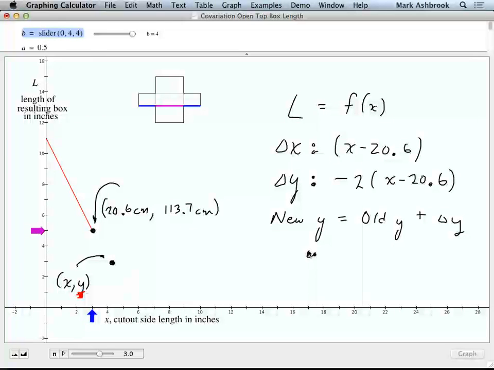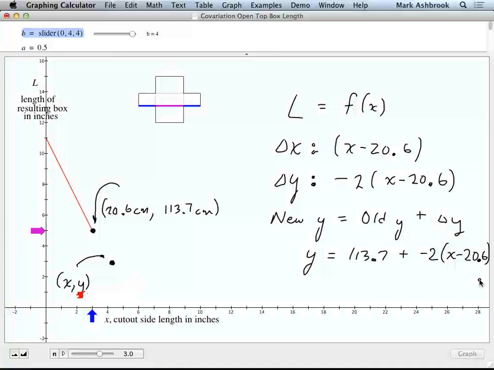This y right here equals, what's this? 113.7 plus -2 times. Jessica, go ahead. Okay, so I was looking at the change in x, and I'm assuming we change x by a length of 1.